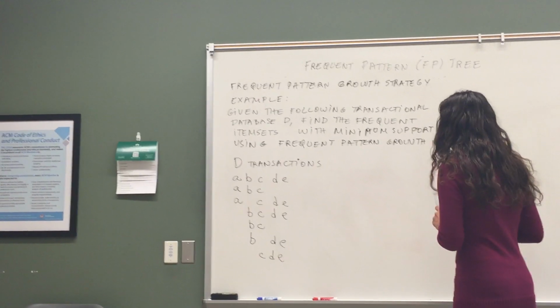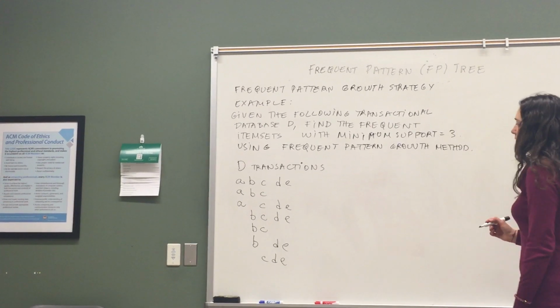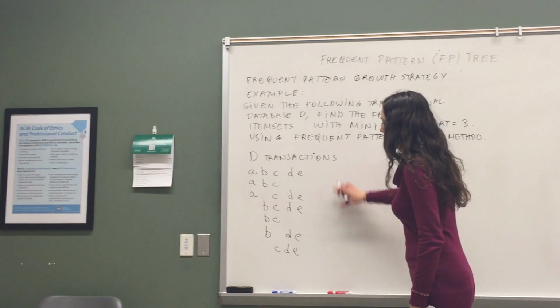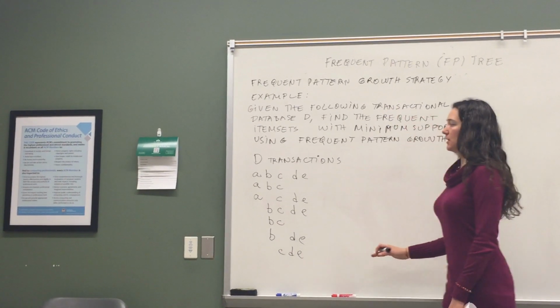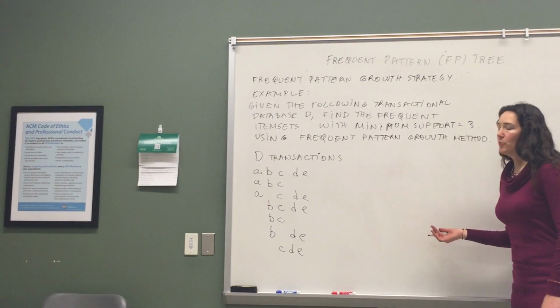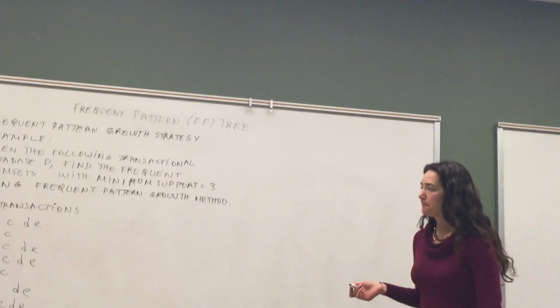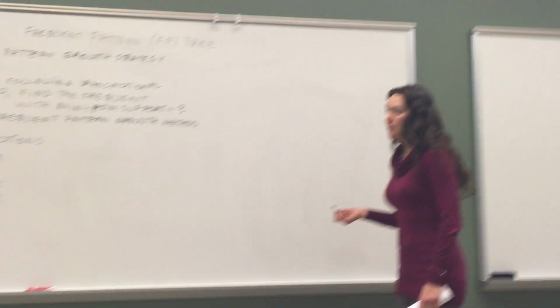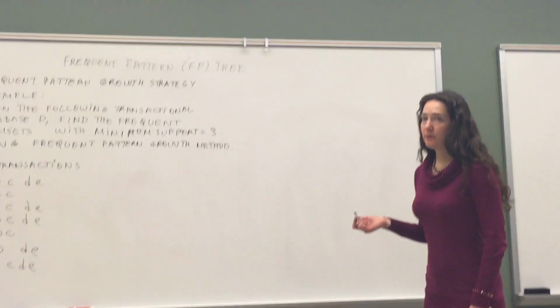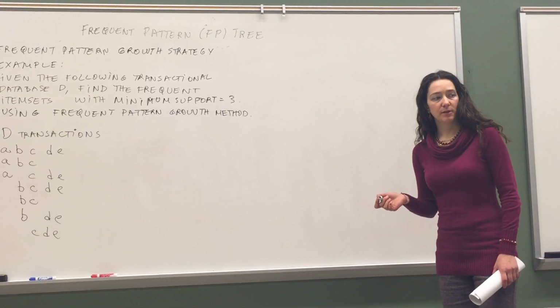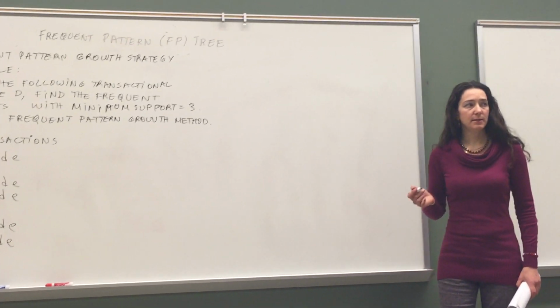So I'm arranging them like this so it's easier to count the number of A's or the number of B's. The first thing we're going to do with this problem is scan the transactional database, count the number of times each single item set occurred and write it down, and then reorder the items in the transactions in descending order.